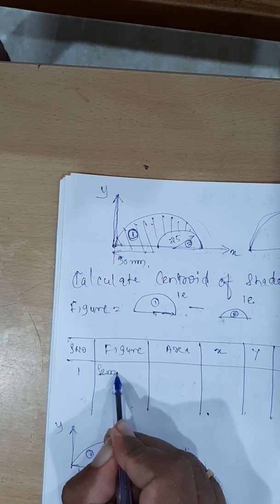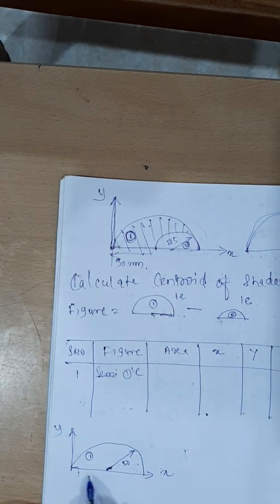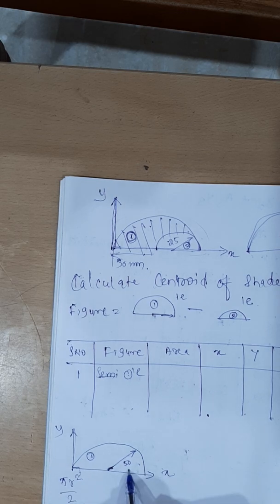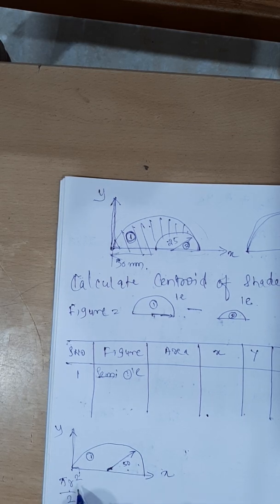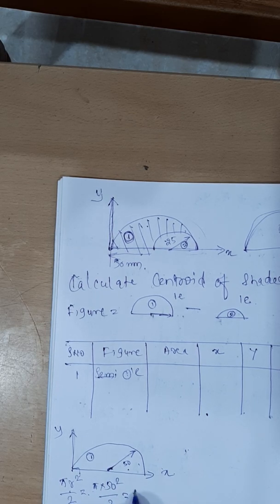Semicircle. The area of the semicircle is πr²/2. Here r is 50, so π into 50 squared divided by 2 is the value of A1.